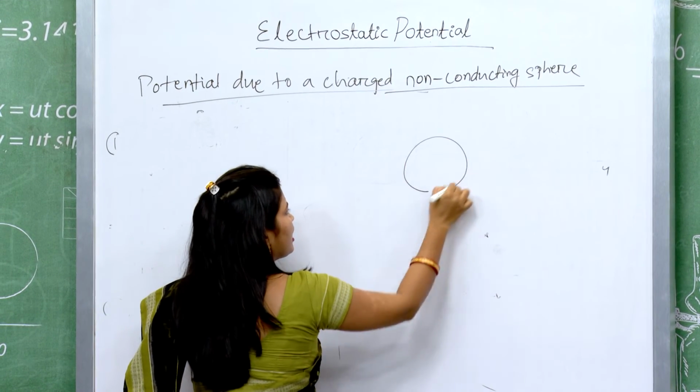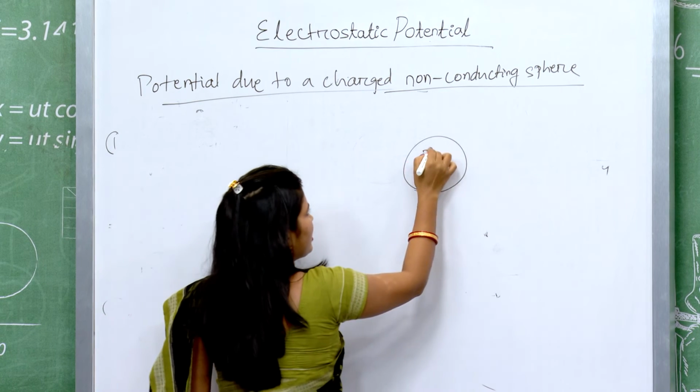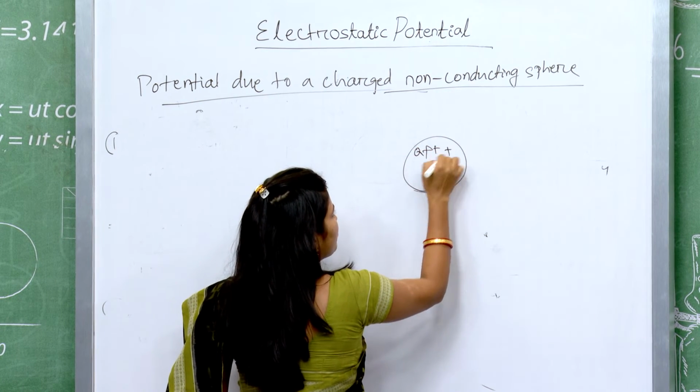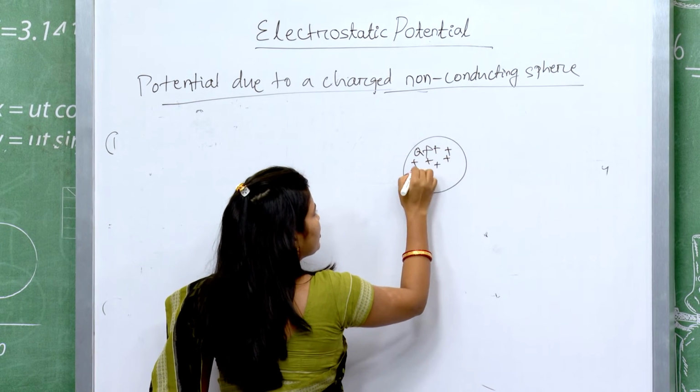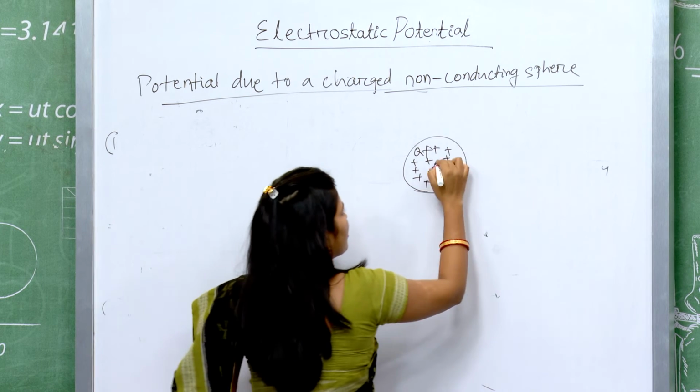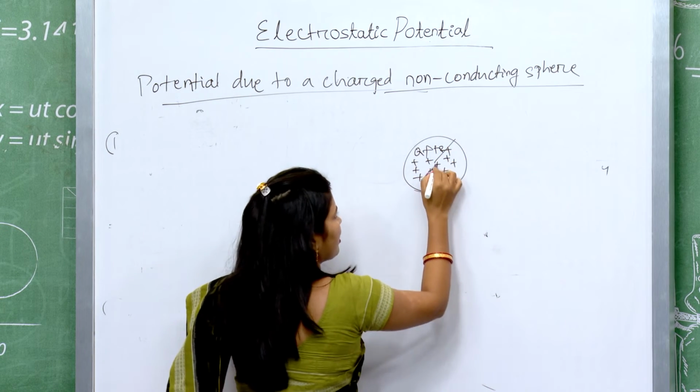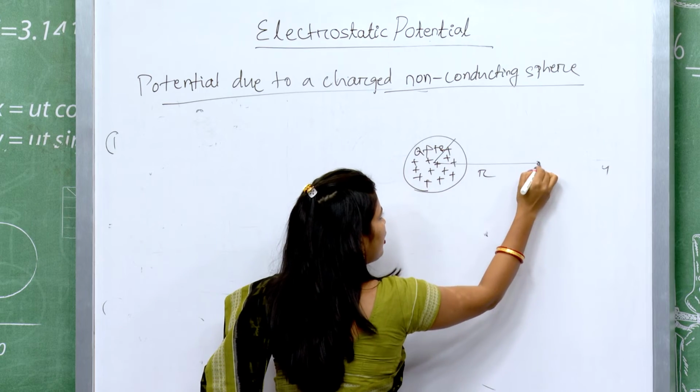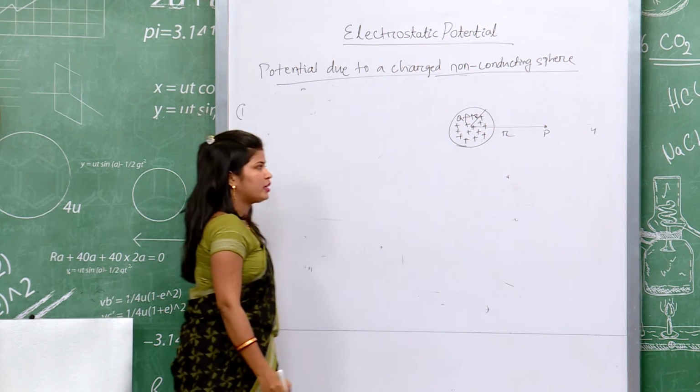Imagine a charged non-conducting sphere, with charge Q distributed volumetrically inside the sphere, and the radius of the sphere is capital R. At a distance r, at point P, you have to find out the potential.